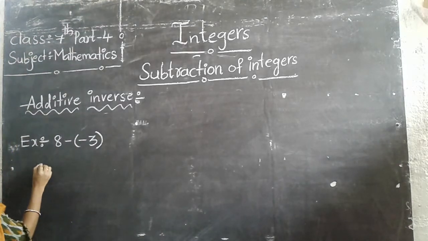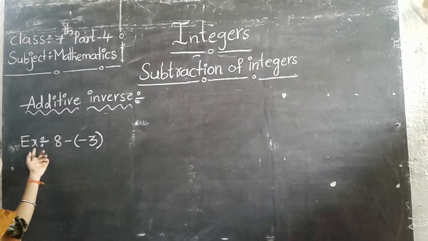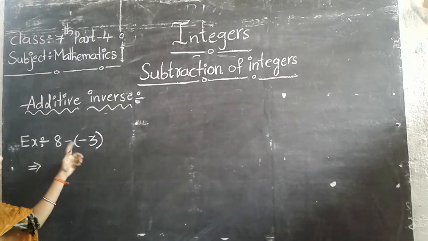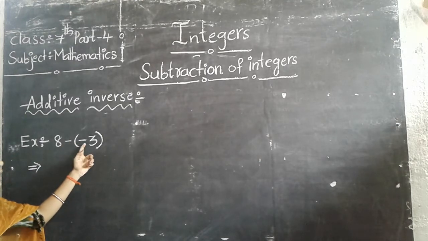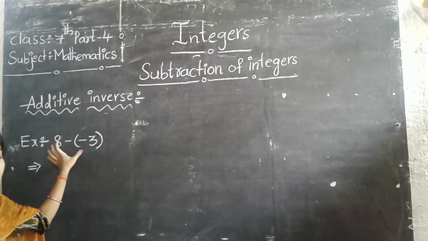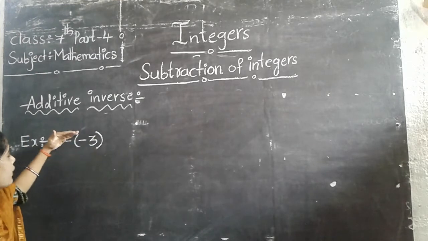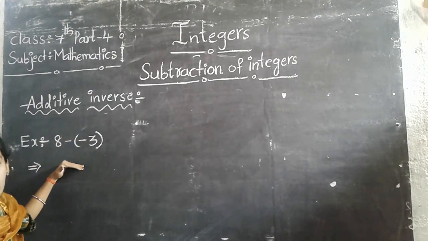How does it look? Let's see an example: 8 minus of minus 3. How do we get the answer of subtraction of two integers? First, we change the problem into an addition operation.